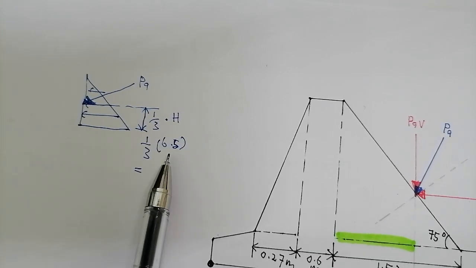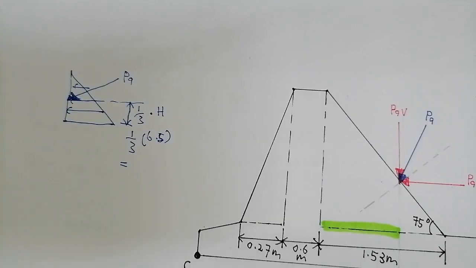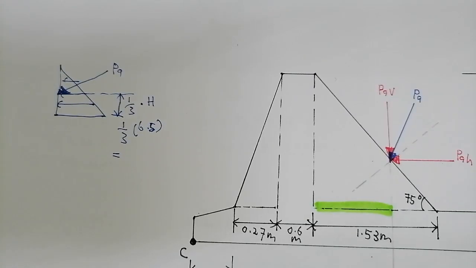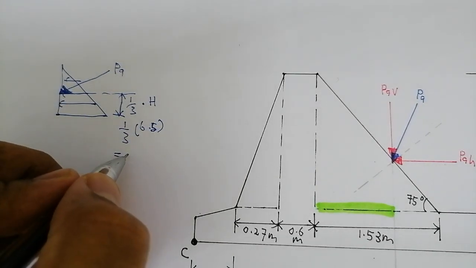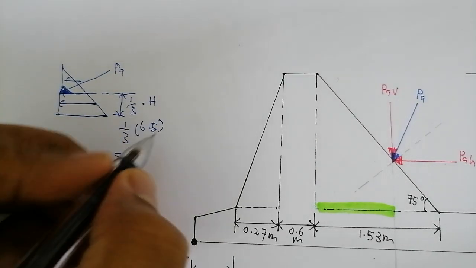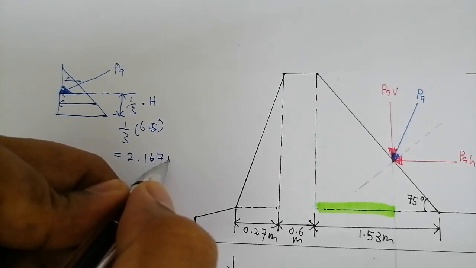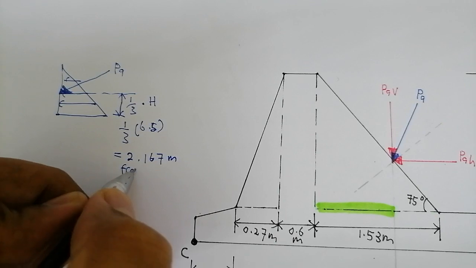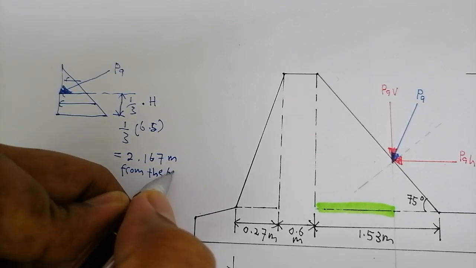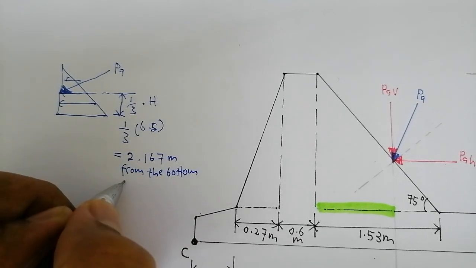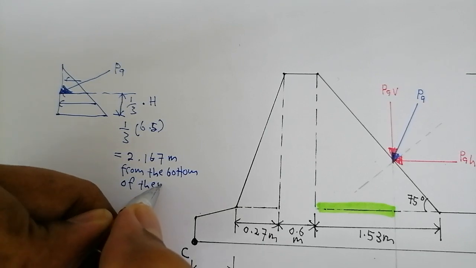So I just want to go straight to the point. So PA is acting at 2.167 meter from the bottom of the wall.